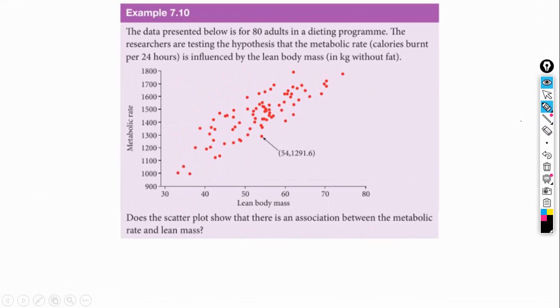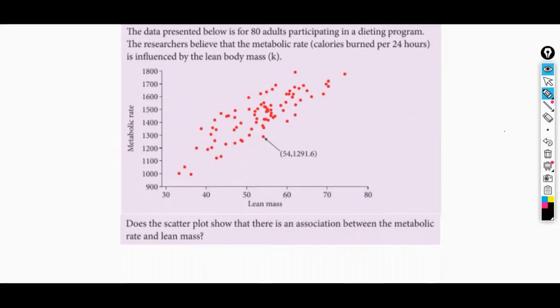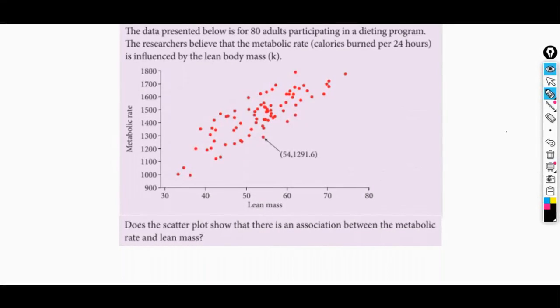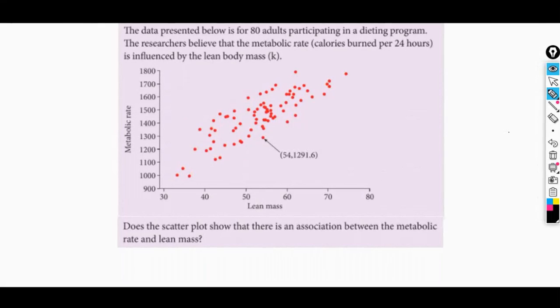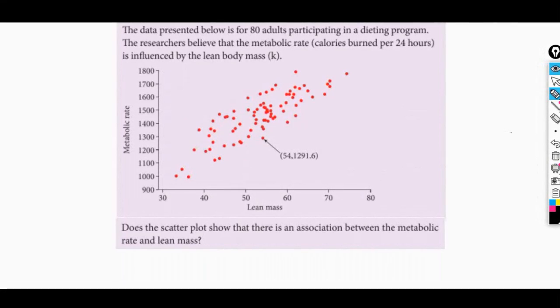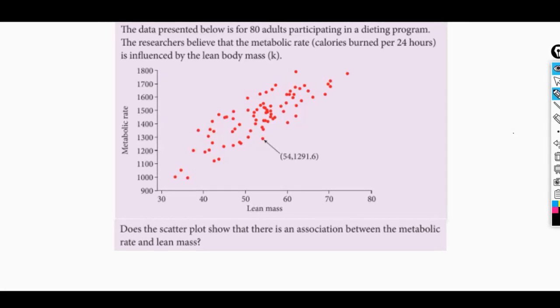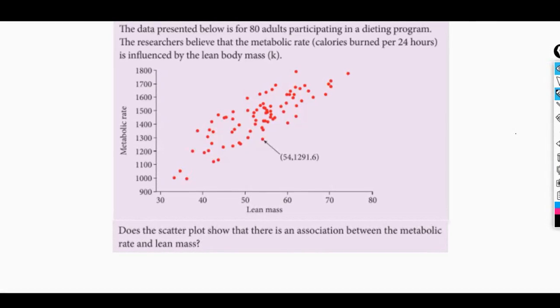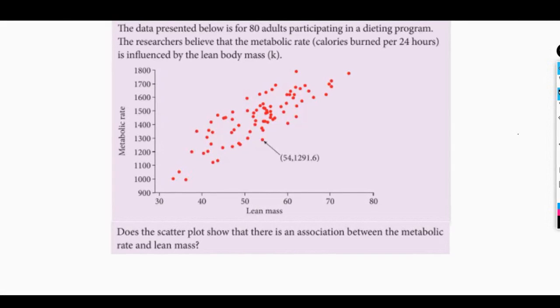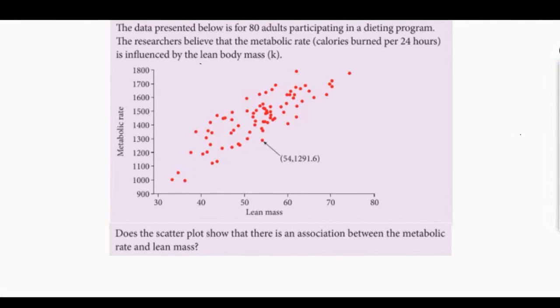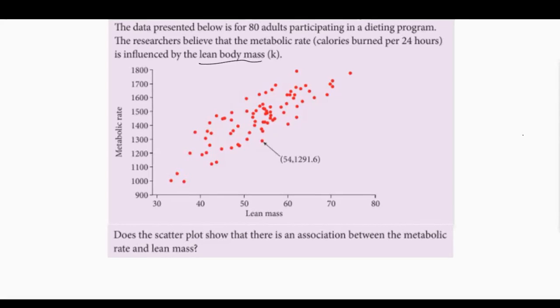Okay, so next we're going to work on example 7.10. It says, the data presented below is for 80 adults participating in a dieting program. The researchers believe that the metabolic rate, or calories burned per 24 hours, is influenced by the lean body mass in kilograms.